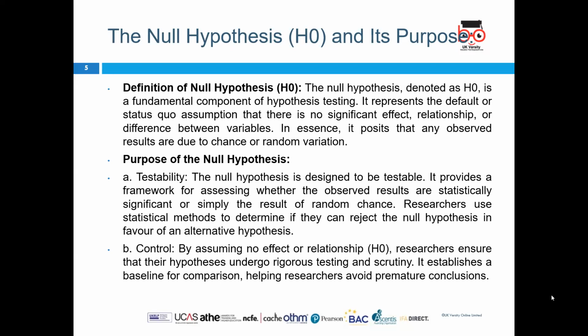So it essentially means that the researcher should carry out different statistical tests to understand the relationship between the different variables. It establishes a baseline for comparison and helps researchers avoid premature conclusions. So whatever conclusions or research findings the researcher arrives at are based on mathematical and scientific analysis.